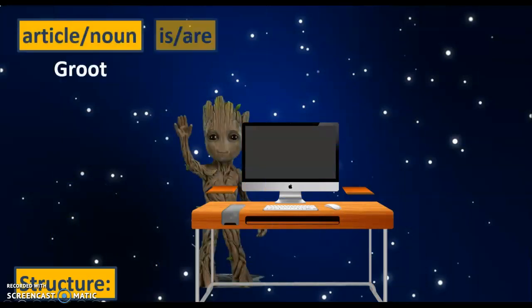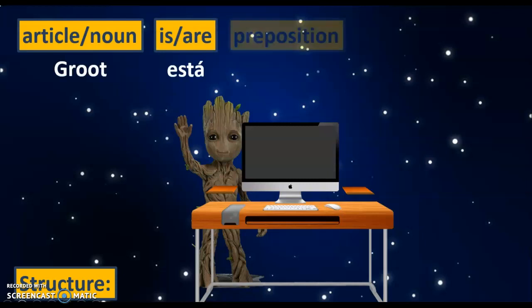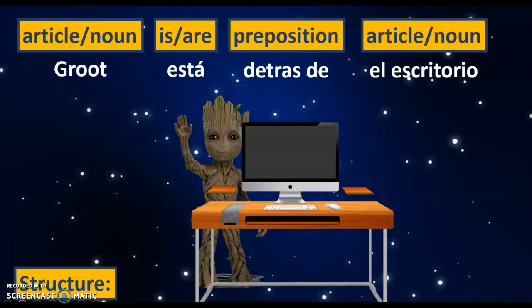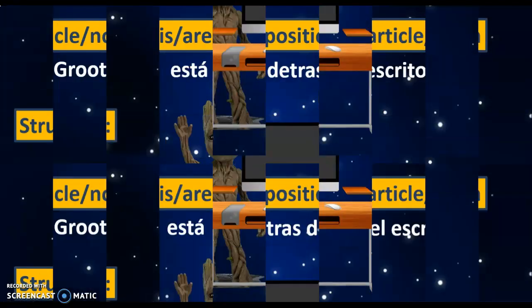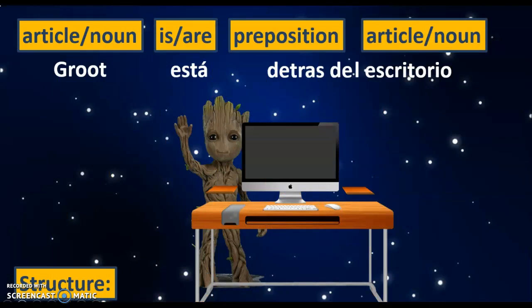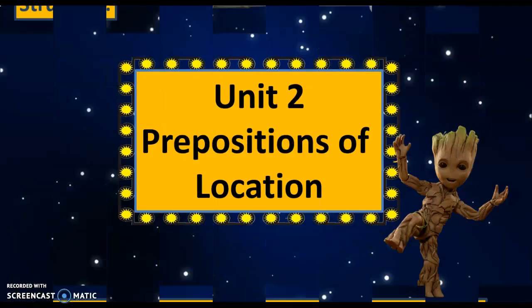Groot está, preposition, detrás de, because he's behind, el escritorio. In this case, we have de and el, so we're going to have to contract them, and it will become detrás del escritorio. Groot está detrás del escritorio.